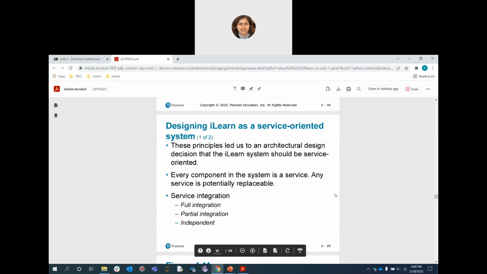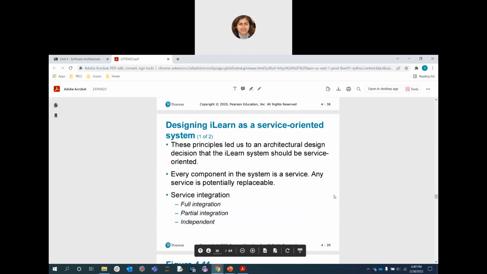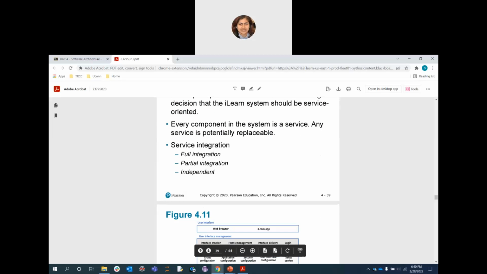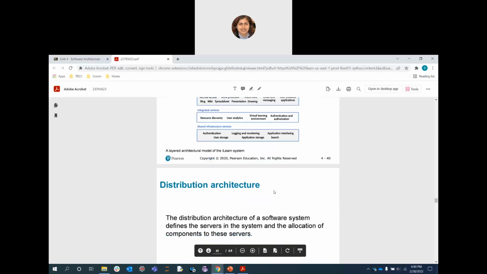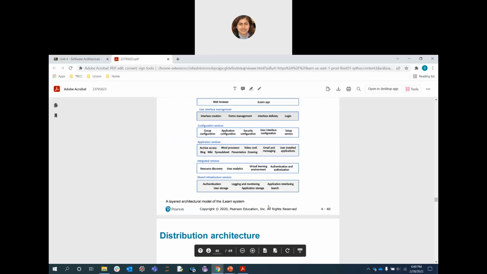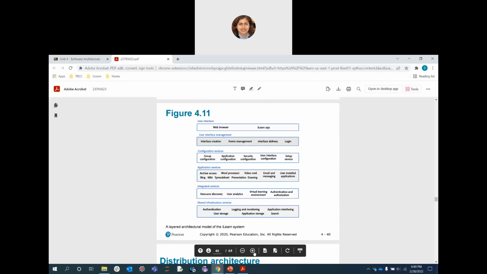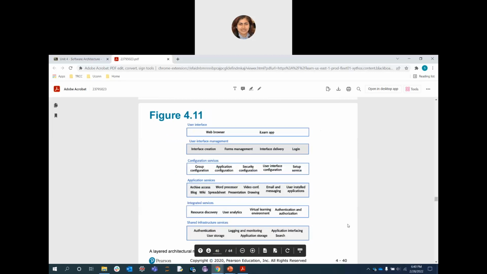Then designing the iLearn system as a service-oriented system. So this is an architectural layered model for the iLearn system. We just saw an architecture layered model previously in one of the slides above.